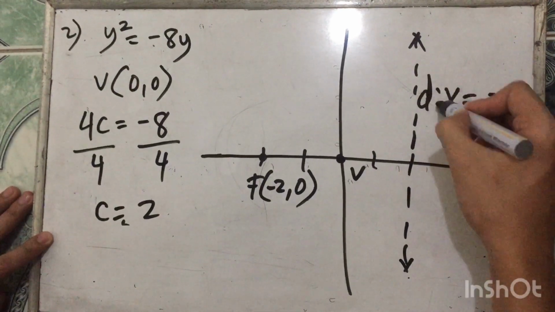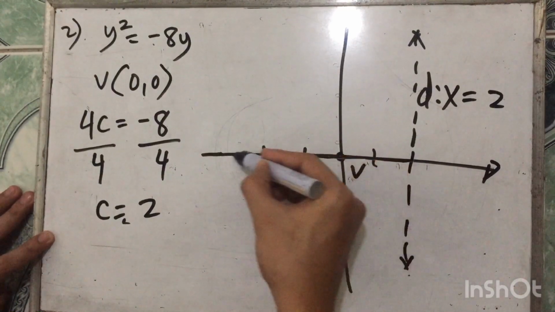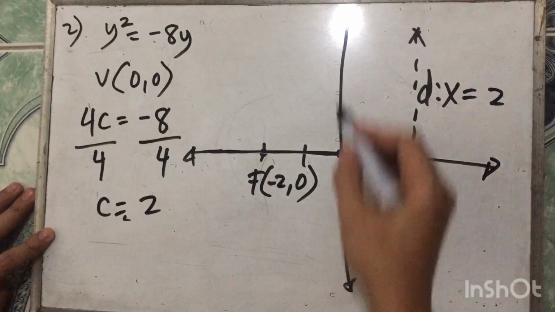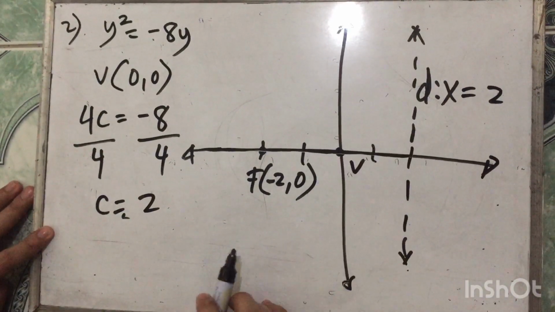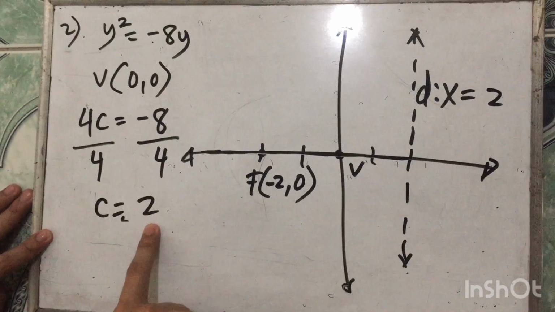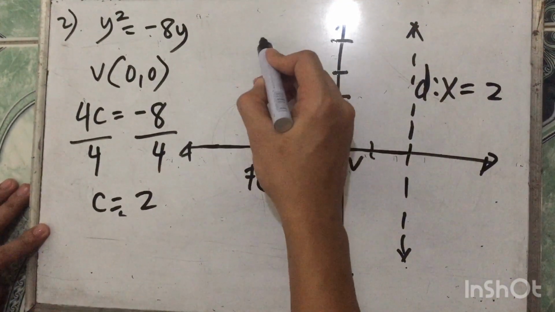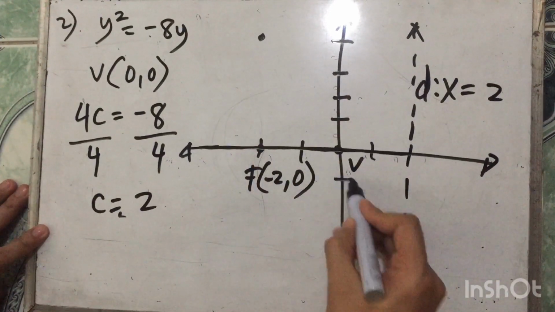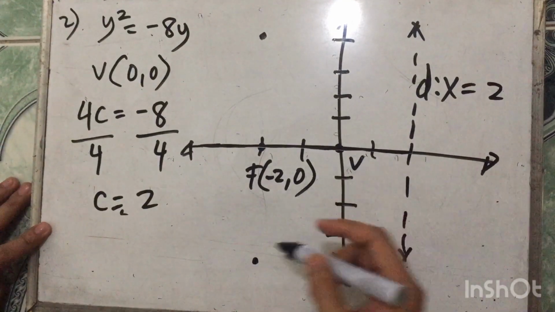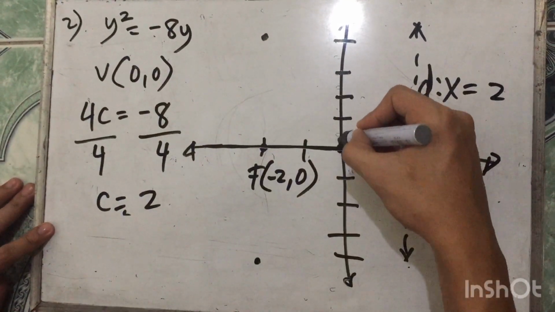Next, the axis of symmetry is this line. Next is to graph the given equation. We have to determine again the latus rectum, that is multiply 2 by 2. So 1, 2, 3, 4, and then 1, 2, 3, 4. That means the graph of y squared equals -8x looks like this.